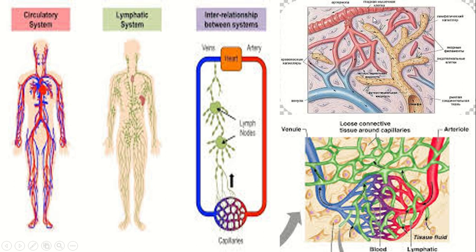The leftover portion of the fluid is carried by these lymph vessels that are also deeply infused into the tissues. Here in this diagram you can see the association of the lymphatic system and the blood circulatory system.